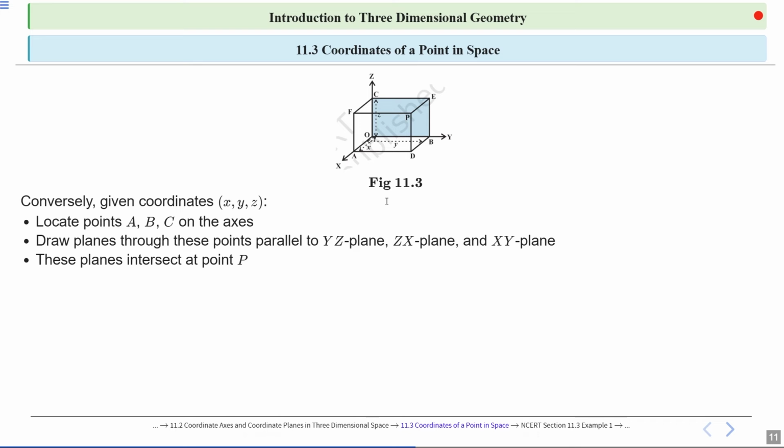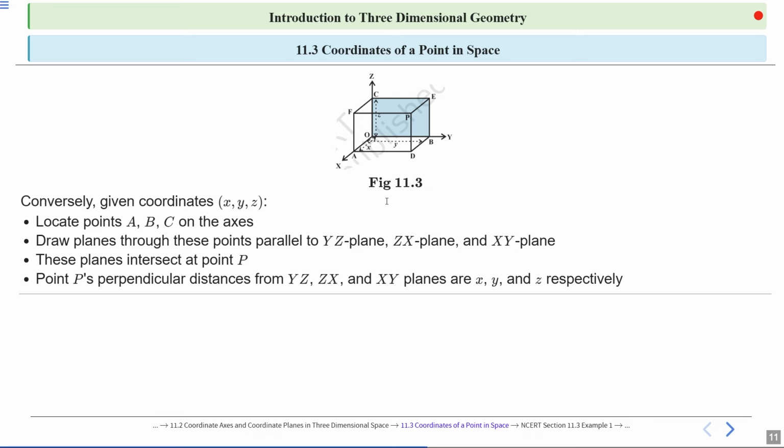These three planes intersect at a single point, which is our point P. This intersection is important because it confirms that the coordinates x, y, z uniquely determine a point in three-dimensional space. So by using the axes and planes, we can always find the location of any point.